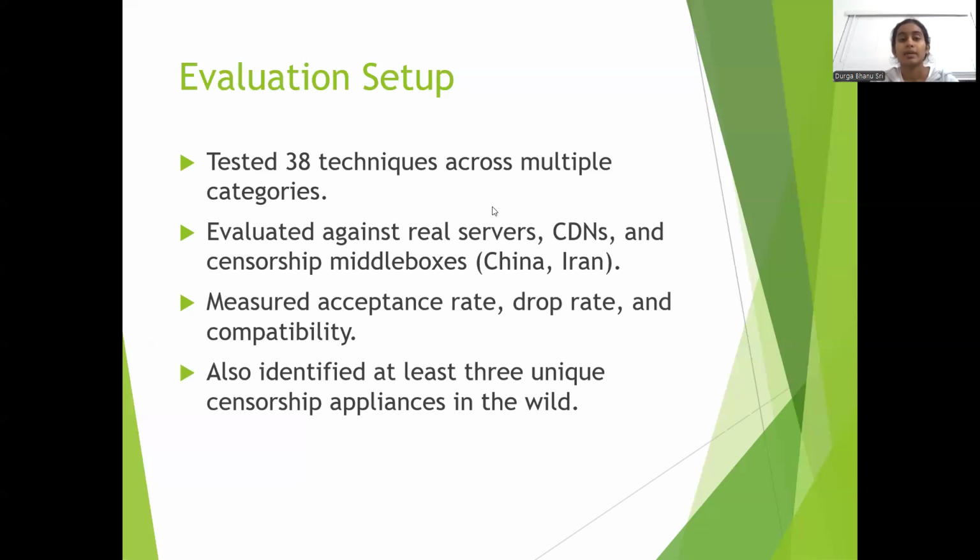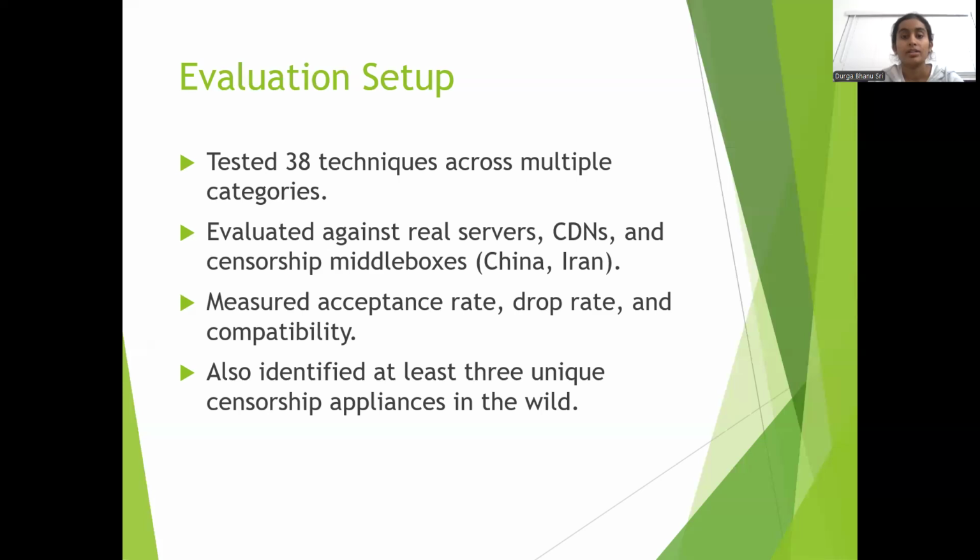In-the-wild experiments simulate censorship in China or Iran to see real-world behavior. Metrics are success or failure, drop rate by middleboxes, compatibility, false negatives. Also, regarding detection of censorship architecture, the authors identify at least three distinct censorship appliances in China.